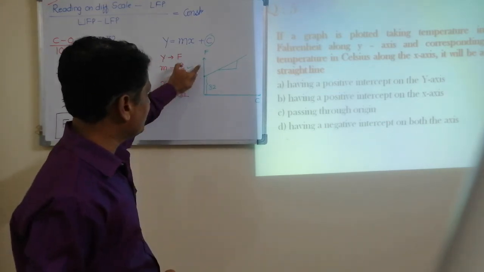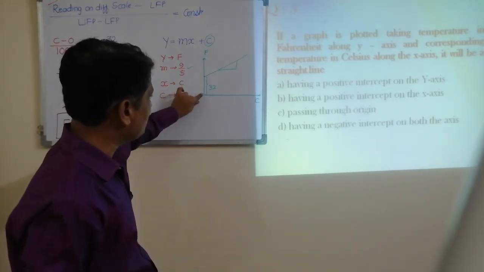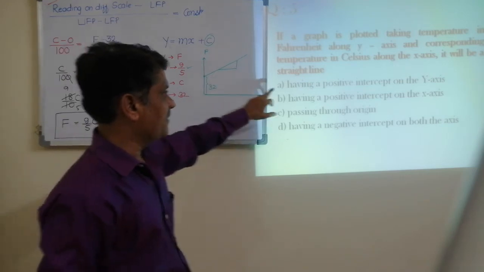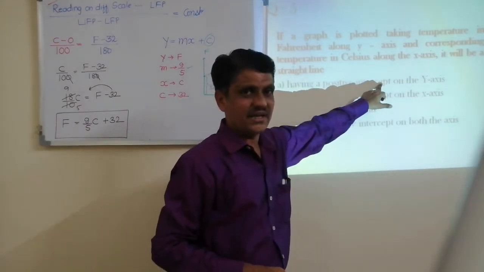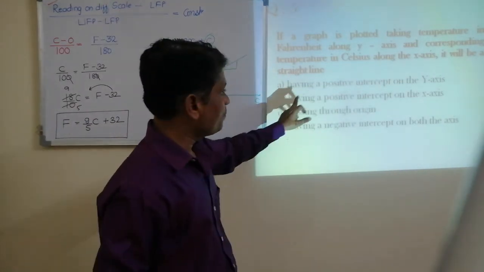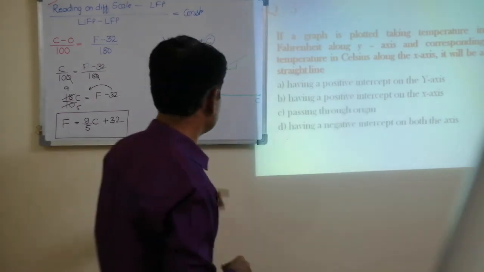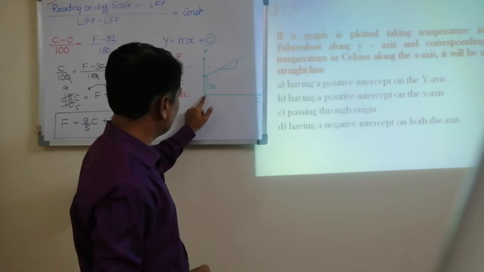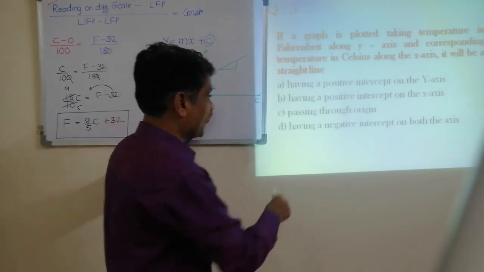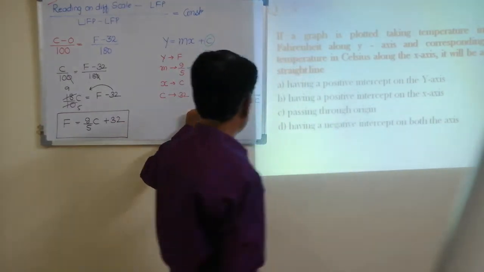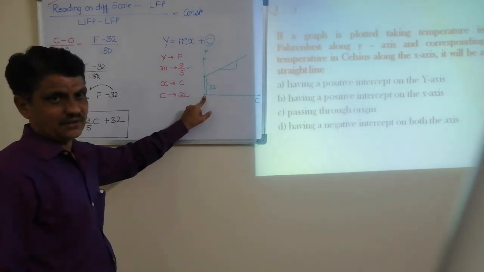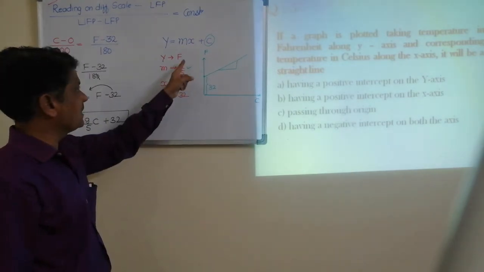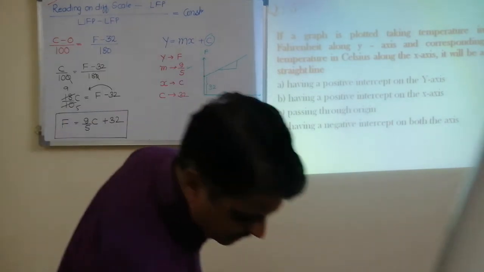It's clear that we have a positive intercept on the y-axis. Having positive intercept on the x-axis, is it true? No. Is it passing through origin? No. Having negative intercept on both axes? No. So the answer is the first one, A is the option.